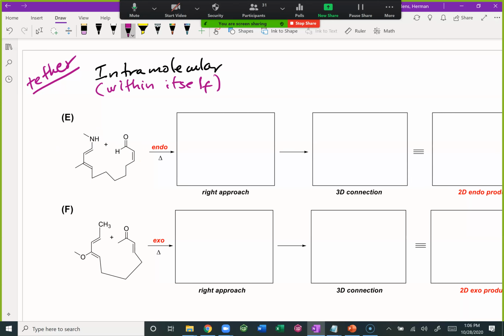So my electron-rich carbon right there is in position to attach to the electron poor. This is electron-rich, and this will be my electron poor one. And then we take care of the endo and the exo part, which is easy, right? So right now it says endo.